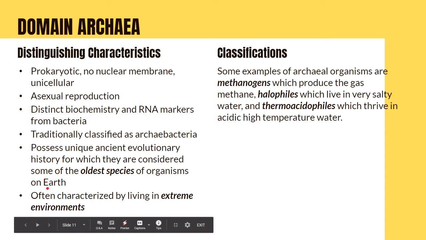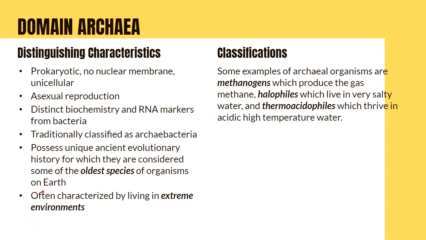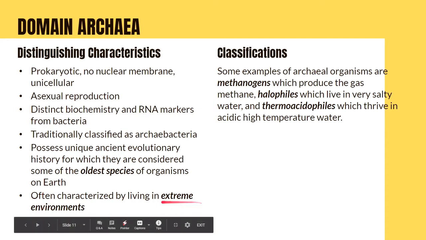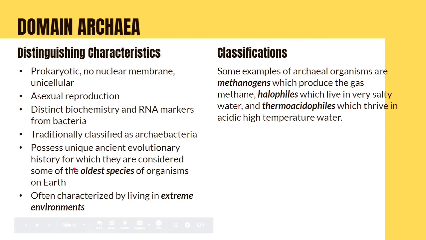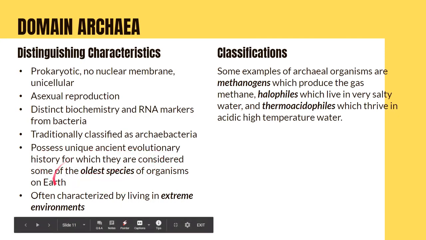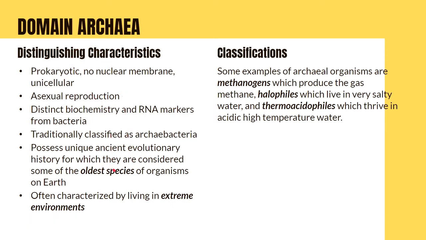It is because organisms under this domain are mostly living in extreme environments. Those are the environments that reflect the environments when the Earth was younger than it is now. So before any of the other species appeared, we already had domain Archaea.